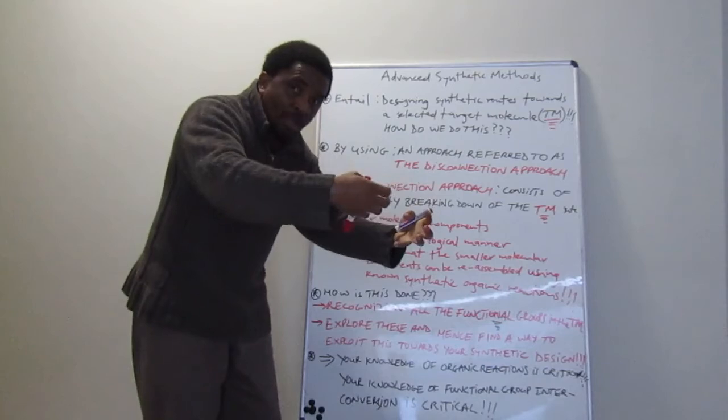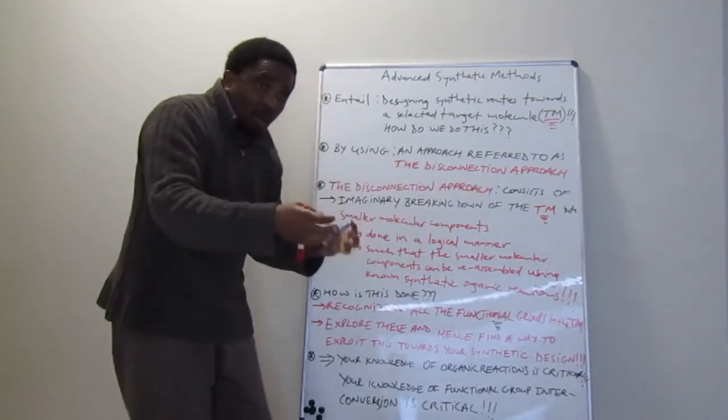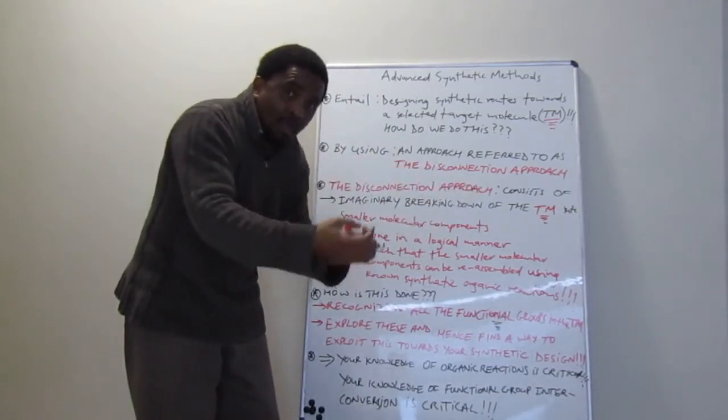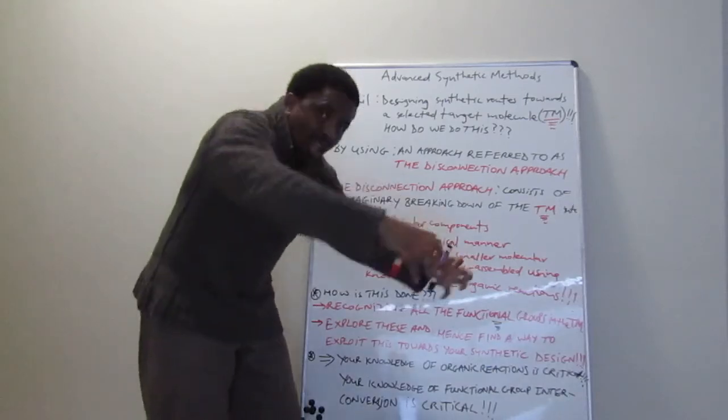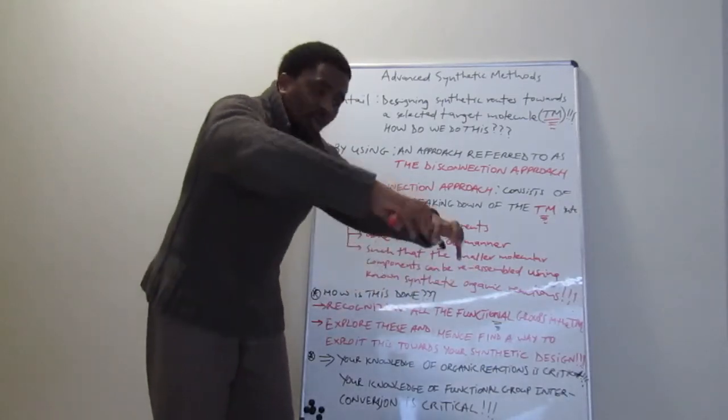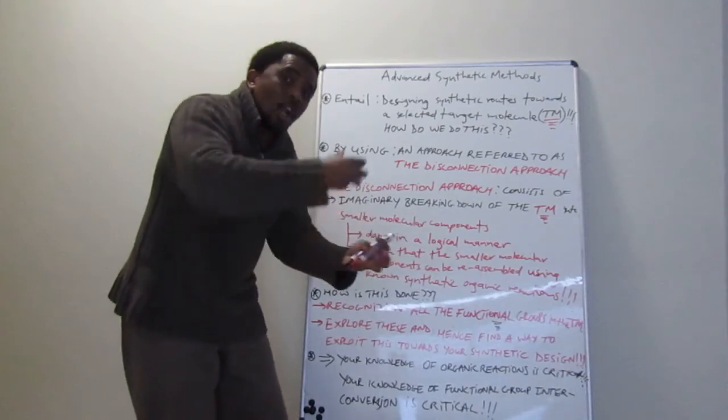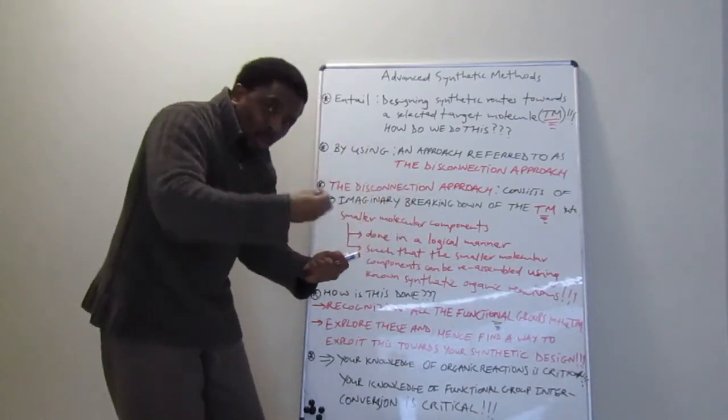Once you have the resulting smaller molecular components, you then reassemble them in a logical manner. What do you use for this?